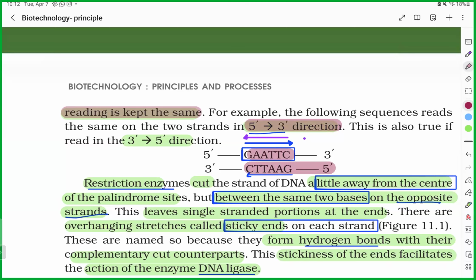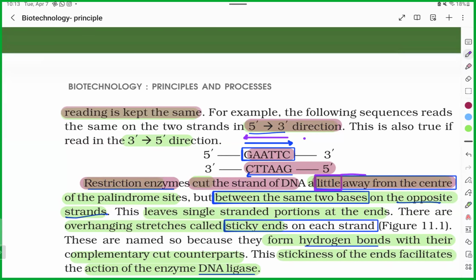Correct? On the opposite side, GAATTC from 5' only. Any doubt? Restriction enzyme cuts the DNA strand a little away from the center, not far away, a little away. In this topic, the word 'little' is more important.